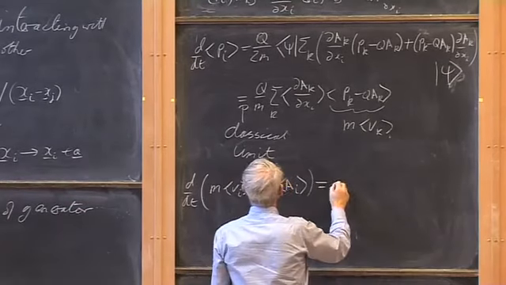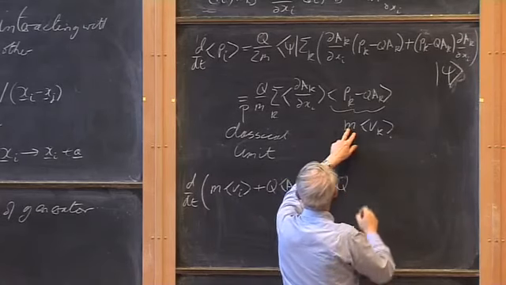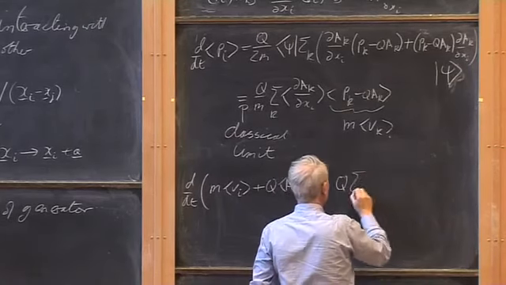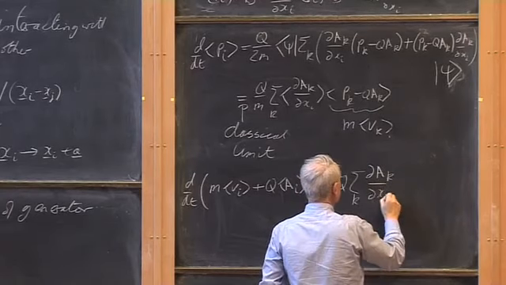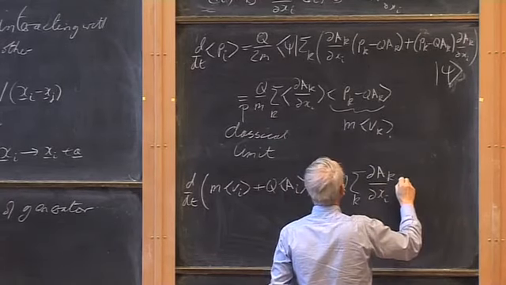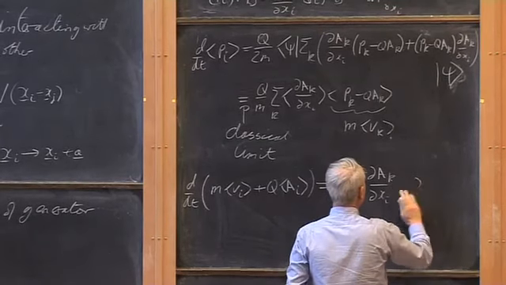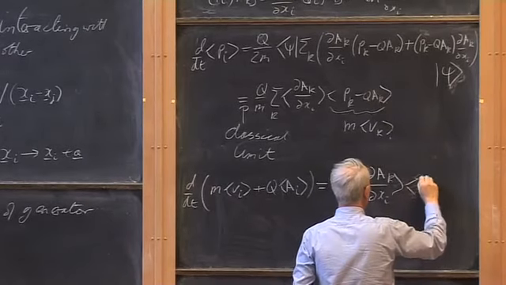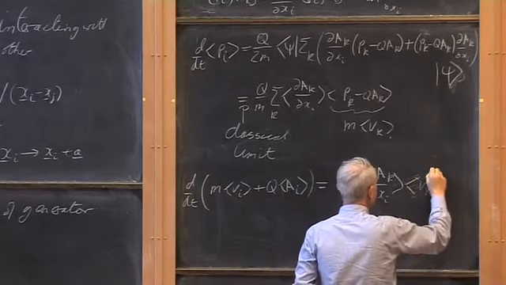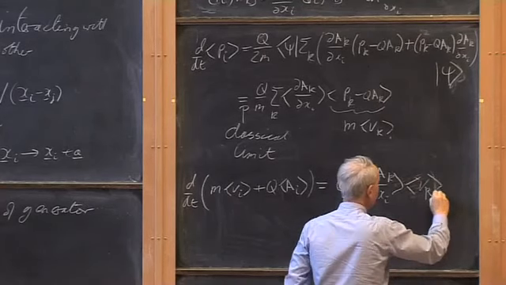And that is going to be q, because the m's are going to cancel, the sum over k of dA_k by dx_i times v_k. And we ought to put an expectation value around everything, because we are dealing now with expectation values. We've explicitly gone to the classical regime.